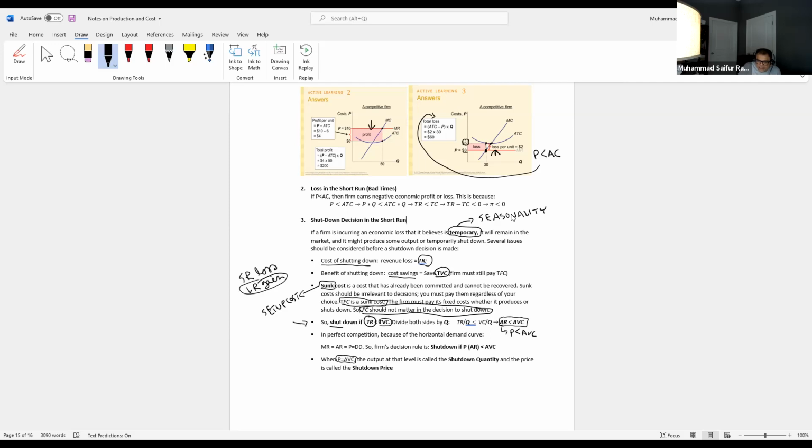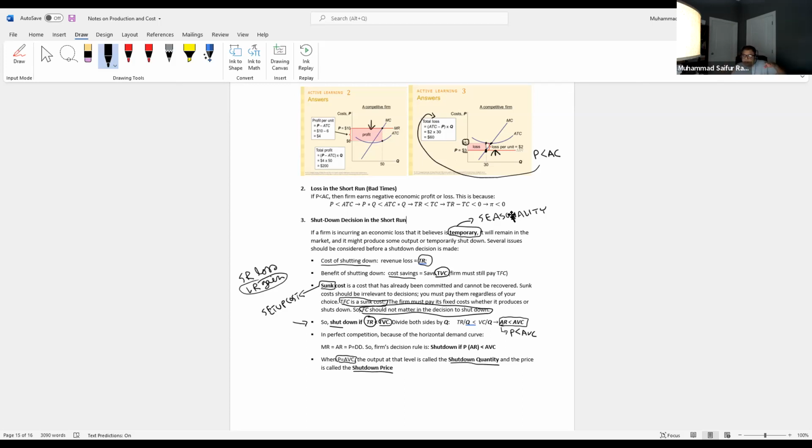This basically is called the shutdown quantity. The quantity at which your price is equal to average variable cost is the shutdown quantity, and the price at which the average variable cost is equal to price is called the shutdown price. So you can look at it in many ways.